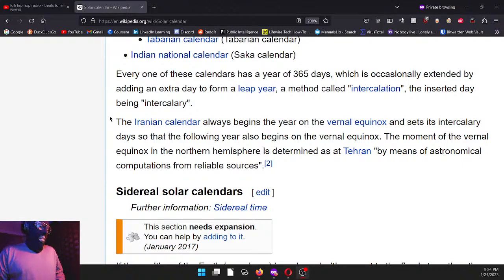The Iranian calendar always begins the year on the vernal equinox, and sets its intercalary days so that the following year also begins on the vernal equinox. The moment of the vernal equinox in the northern hemisphere is determined as at Tehran by means of astronomical computations from reliable sources. End quote.